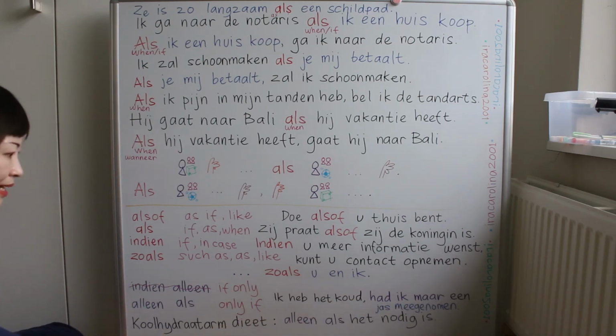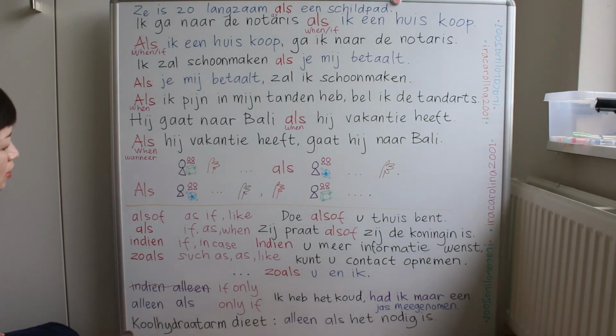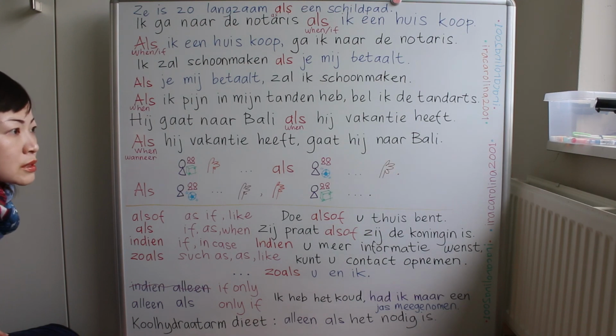And now the last one, when you have to say alleen als, for only if, alleen als. This is the example sentence. Koolhydraatarm. Koolhydraat is carbohydrate. Arm, low.